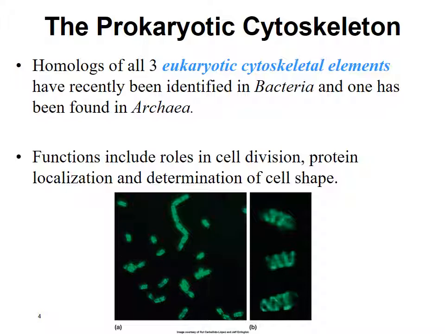These images here show the helical arrangement of the cytoskeleton within cells of the bacteria Bacillus subtilis, a very common soil bacterium. And these cytoskeleton elements carry out similar functions to those in eukaryotic cells.